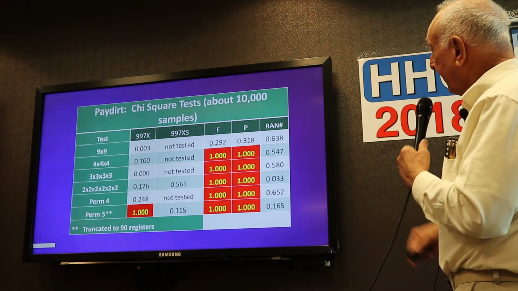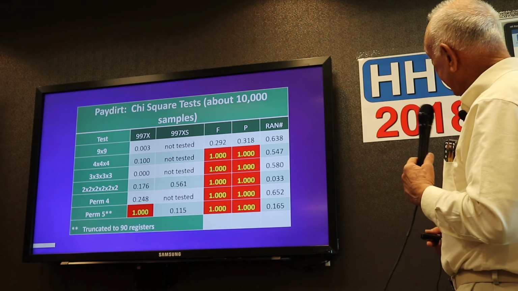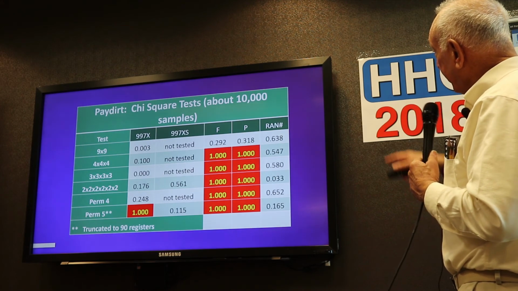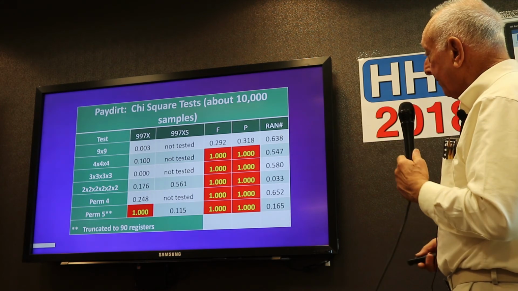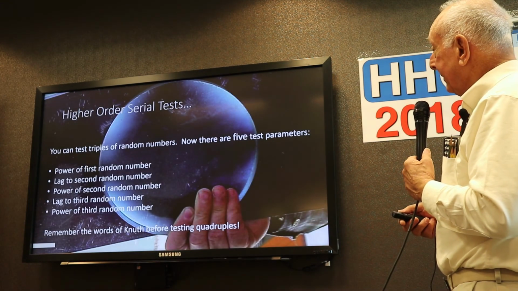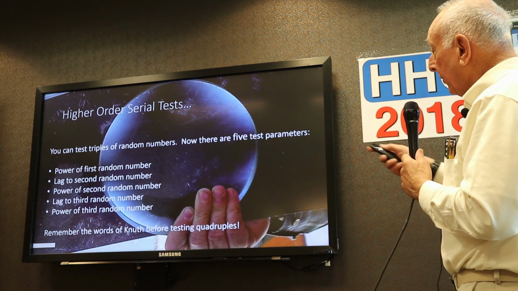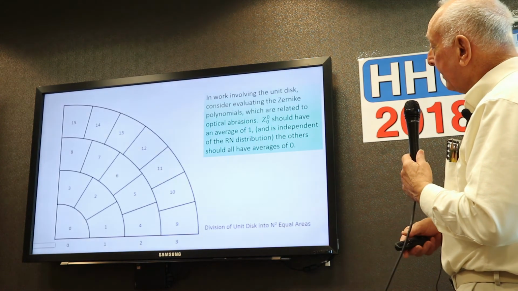And it passed fine. F and P failed, and the built-in random number generator passed everything. So this just shows you the amount of work.